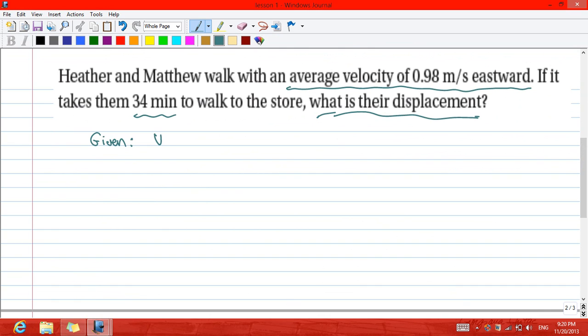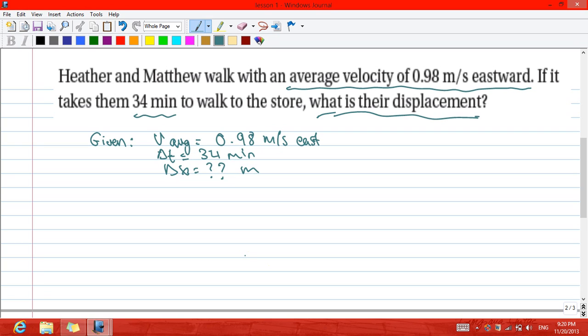We have the V average, which equals 0.98 meter per second east, and it takes them delta t 34 minutes, and delta x is not given, and we need to find that.